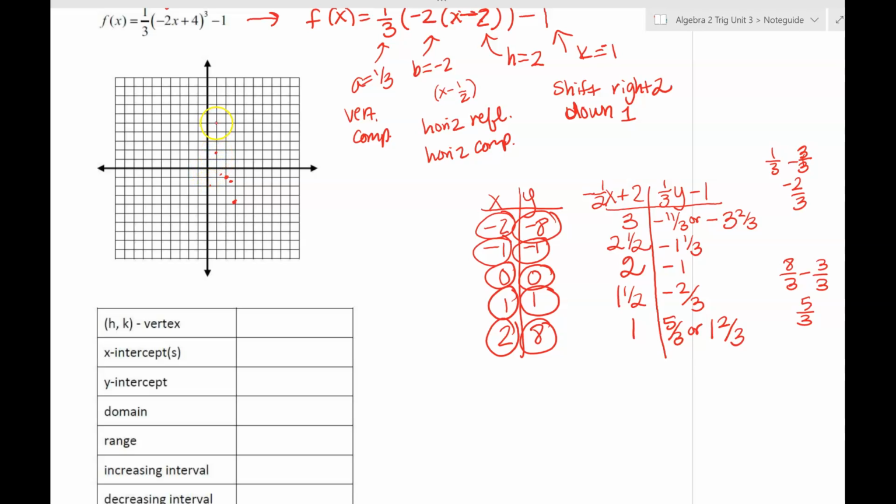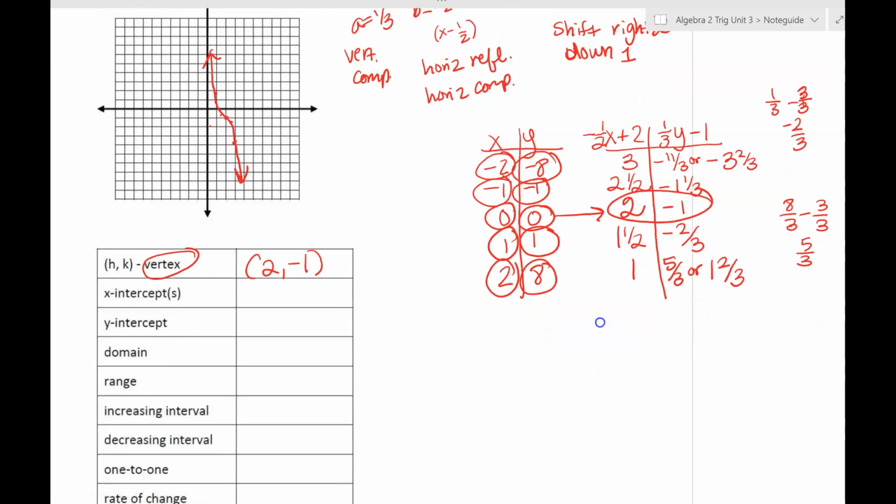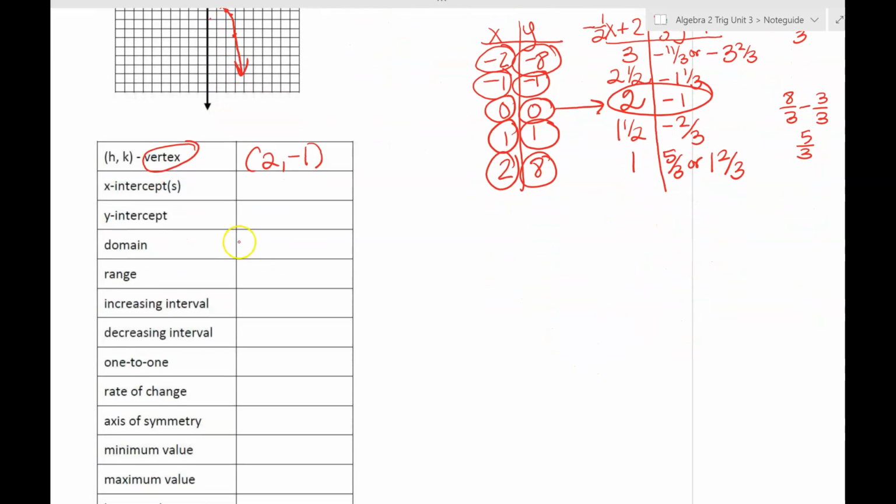So I can still see that cubic shape in there. My vertex, or my h and k value, is now the point 2, negative 1. I'm going to come back to do my intercepts. My domain and range, again, all real numbers.